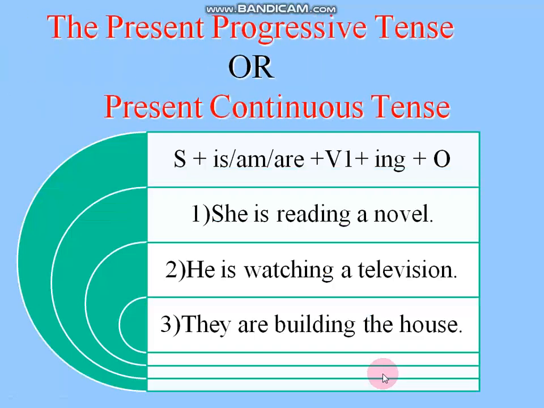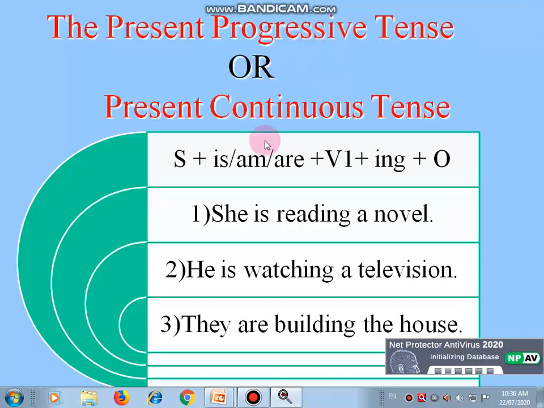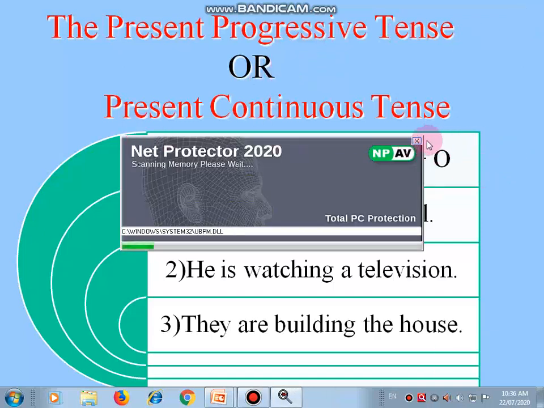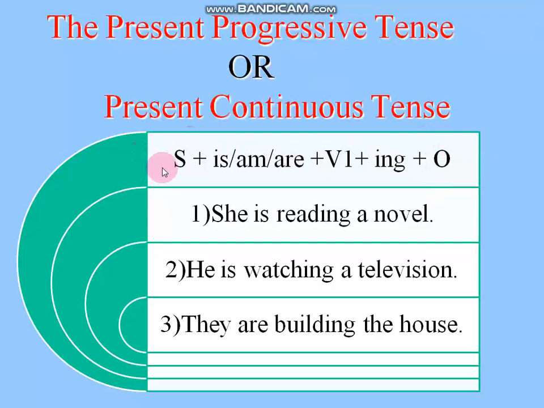Now move to the next tense, the present progressive tense or present continuous tense. This is the pattern of present continuous tense, which in Marathi we call chalu vartaman kal.